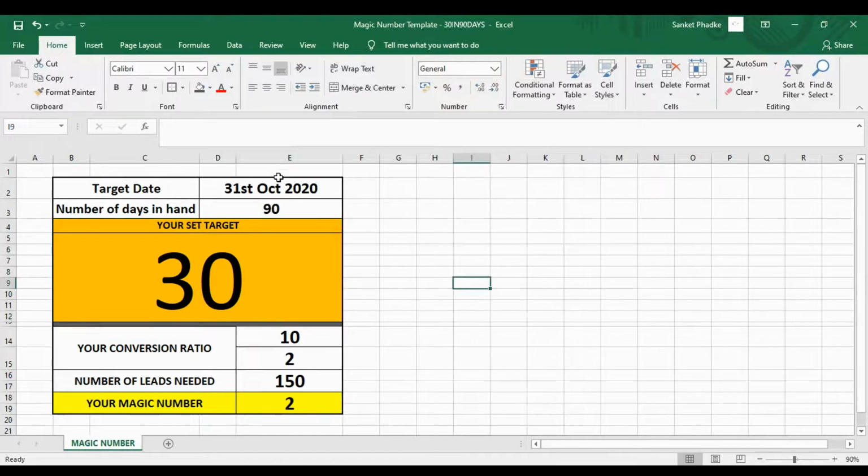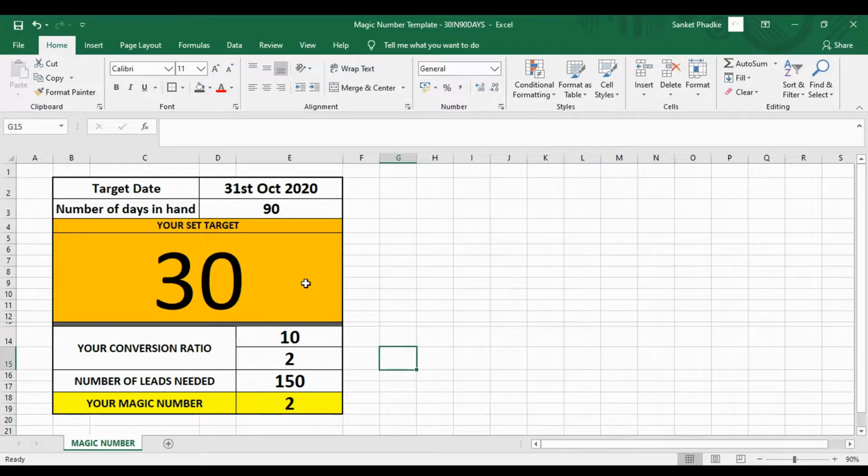Okay. Once you punch in these 3 figures, it will ask for the conversion ratio, which I have already entered. So we have calculated this conversion ratio in the earlier template, which was the conversion ratio template, and which gave us the conversion ratio of 10:2. So that is what I have just punched in here.